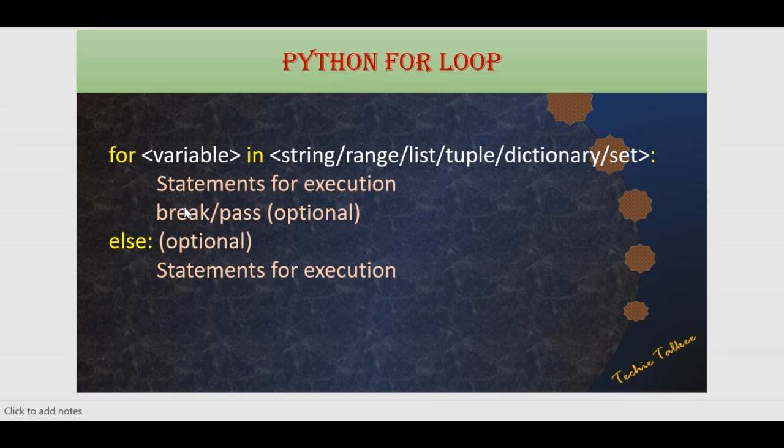And in the for block, I can give the statements for execution. And we also have the break or the pass keyword, which is actually optional in the for block. The other optional block that we have is the else block. This else block will get executed after the for block executes completely.